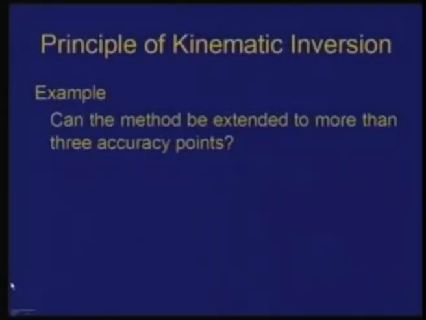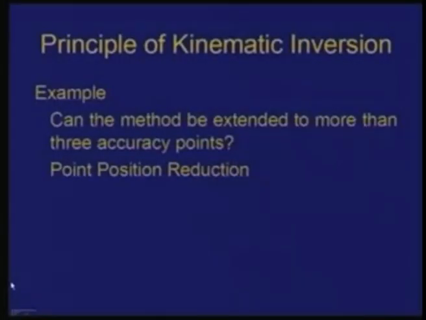So, there are special locations of this point A such that as the coupler moves through 4 arbitrary positions, A will lie on a circle. So, this method can be extended to even 4 accuracy points. In this course, we will discuss some limited version of this using a method of point position reduction that we will take up much later.